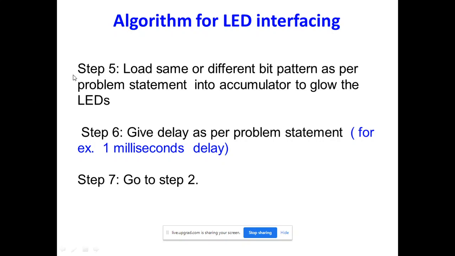Put that new bit pattern into the accumulator first, then pass the accumulator content to the respective port and give the delay, and then go back to step number 2 again. Means you remain in the loop, continuously doing that action. In this fashion, I have declared the generalized algorithm.